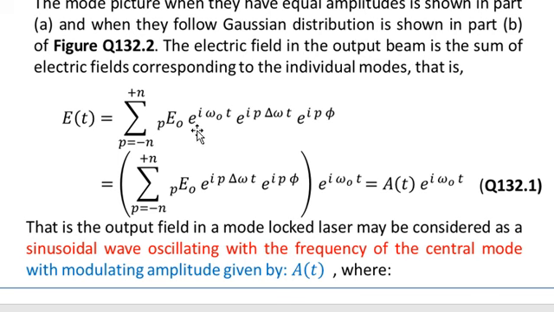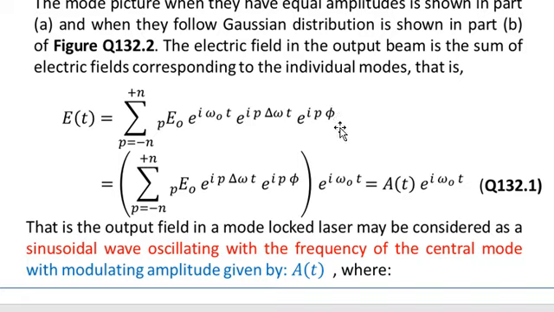So E naught with these two factors, and this is the phase factor, e to the power iota p phi. When the index p is changed, the phase is also changed. The phase phi is fixed. p is just an index parameter, but the phase phi is fixed from one mode to the next.